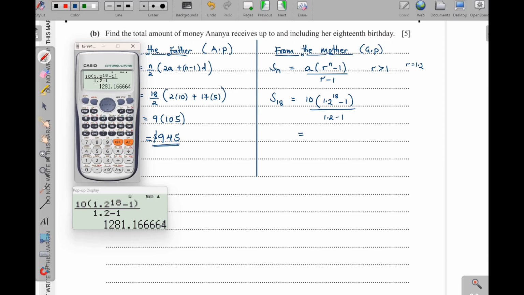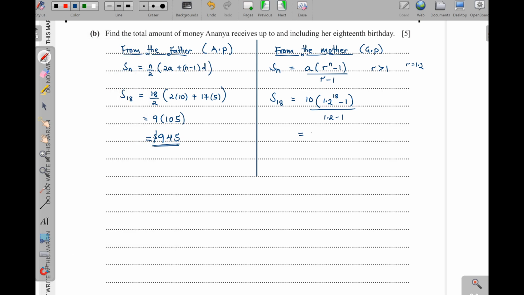So we get 1281.166 and the rest of those figures, but I'll round my answer to the nearest cent, that is to 2 decimal places. So it will be 1281.17.